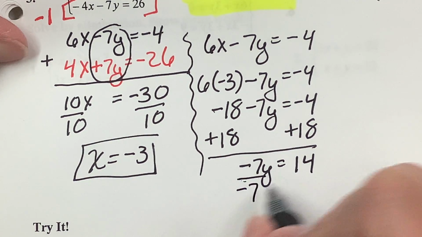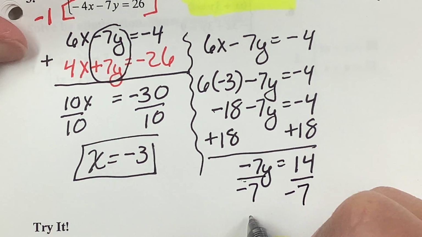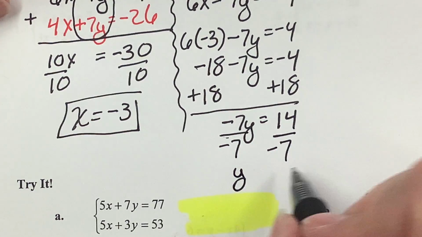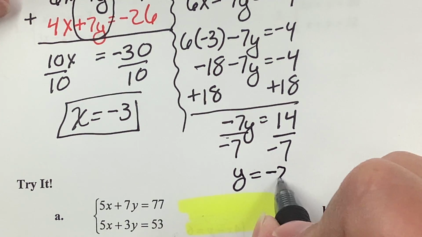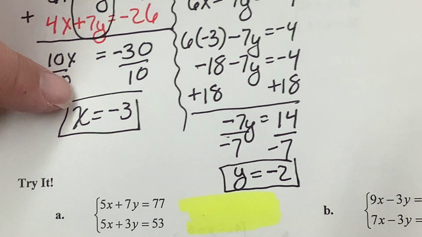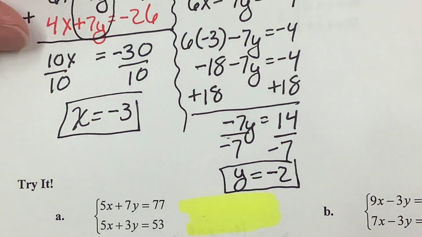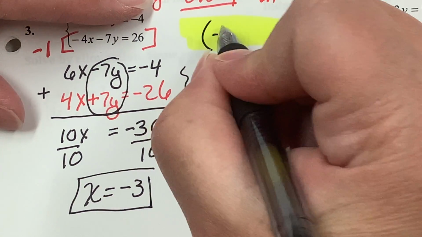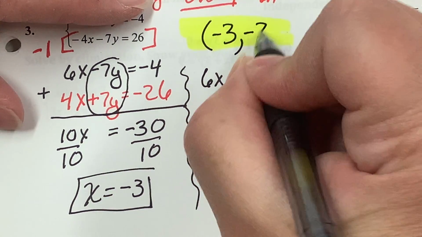Divide by -7, and I get y equals -2. All right, now I have x is -3, y is -2, up here, -3, comma, -2.